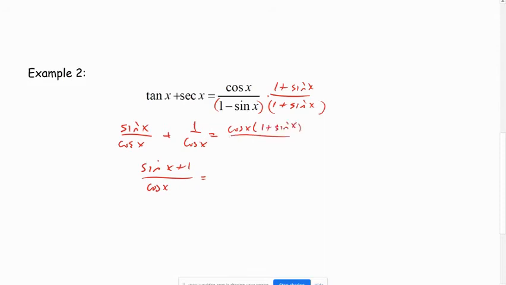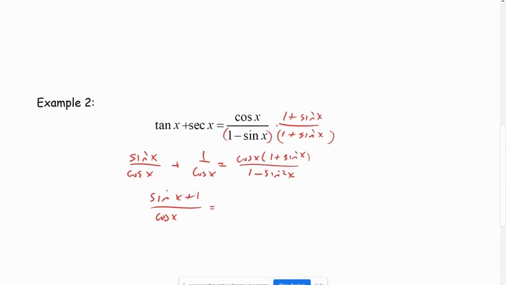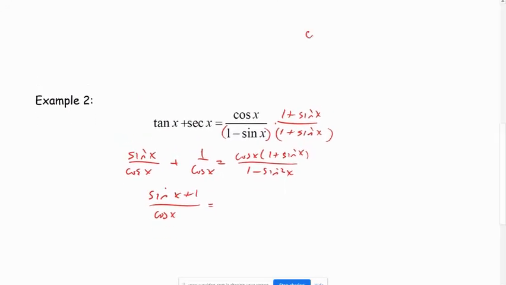And then in the bottom, we would have 1 minus sine squared x. And that comes from our Pythagorean identity. We know that cosine squared x plus sine squared x is equal to 1. So that means cosine squared x is equal to 1 minus sine squared x. So since I have 1 minus sine squared, I can write that as cosine squared x.